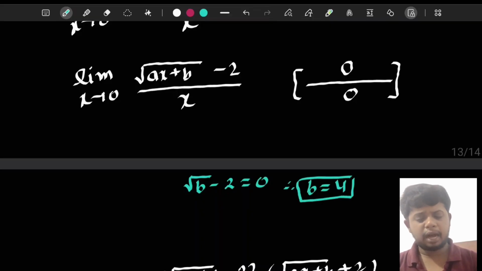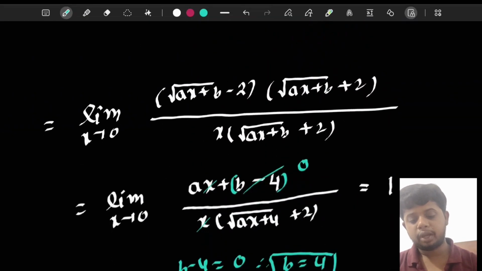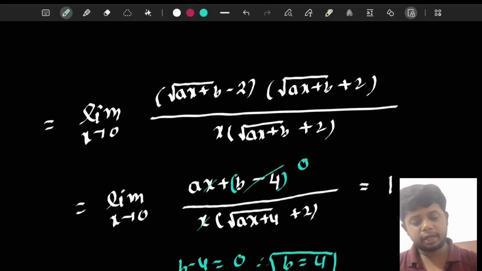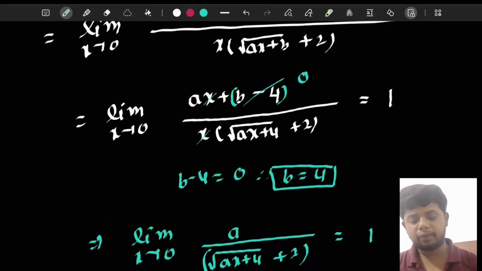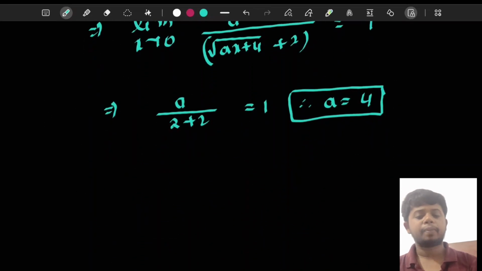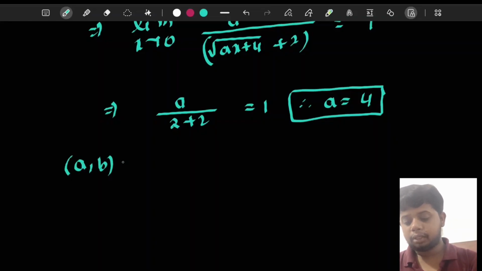Eventually I'm getting at the last also b equal to 4, because if I put here x tending to 0, this will become 0 only. So that means under root b minus 2 equal to 0, that means b equal to 4. And after that we'll get a equal to 4. Okay, so like that I'm getting a comma b equal to 4 comma 4.